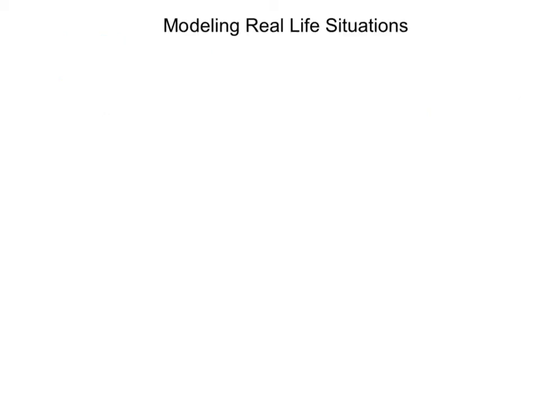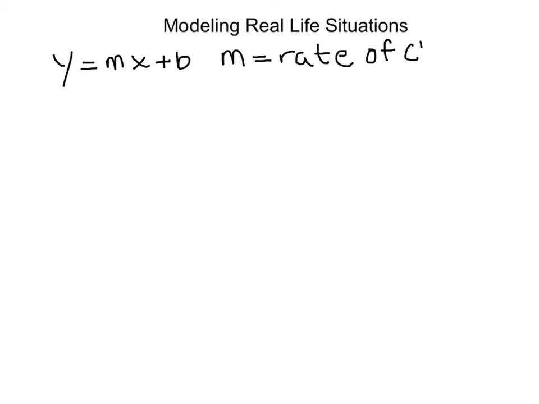Okay, so now we're going to use linear functions to do some linear modeling in order to apply it to real-life situations. In a linear model, we still use the y equals mx plus b form, where m represents a rate of change, which we've talked about already. But when we looked at rate of change in the last chapter, we did not have an intercept.